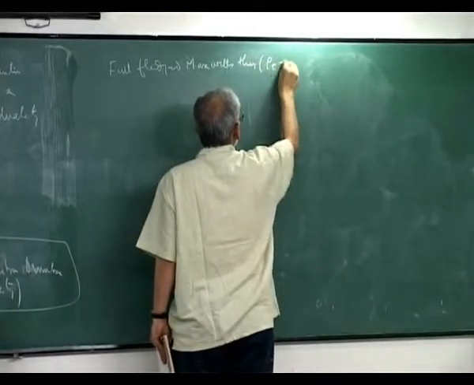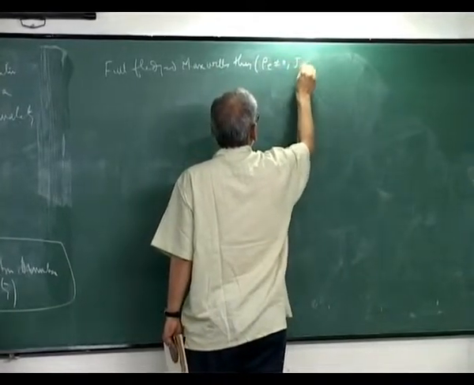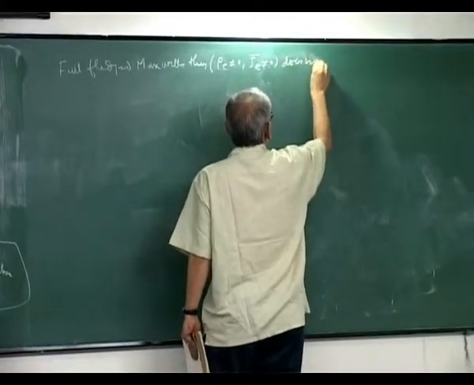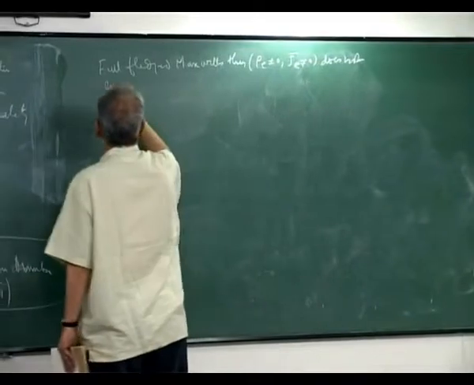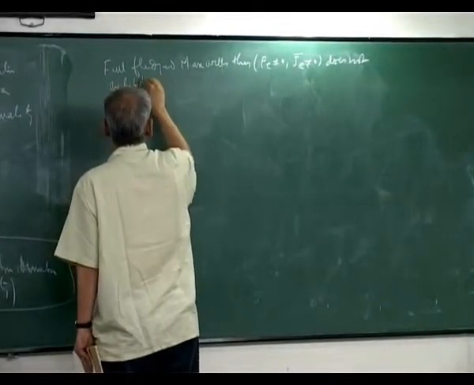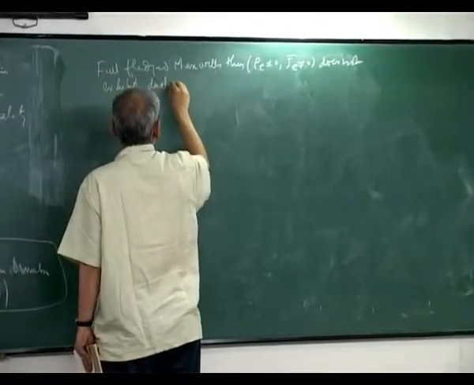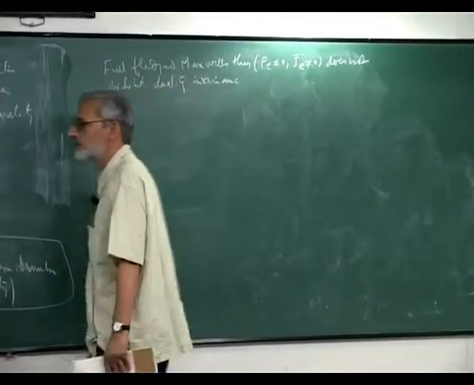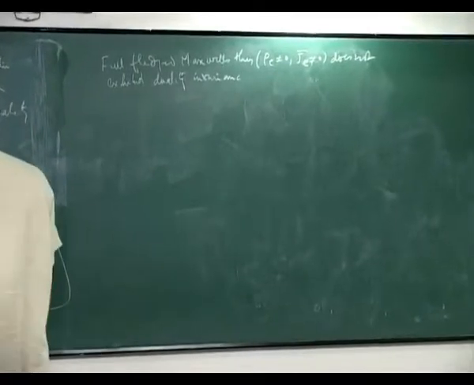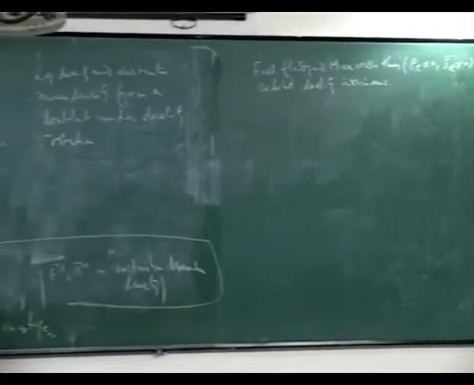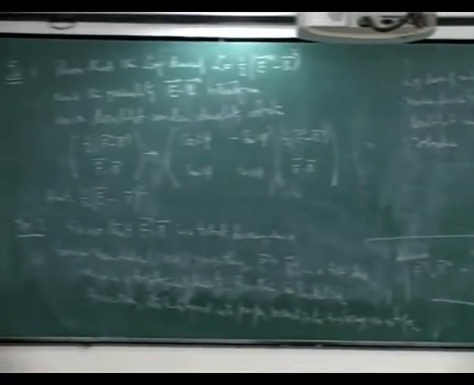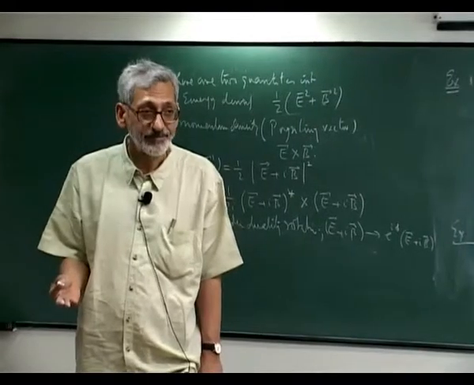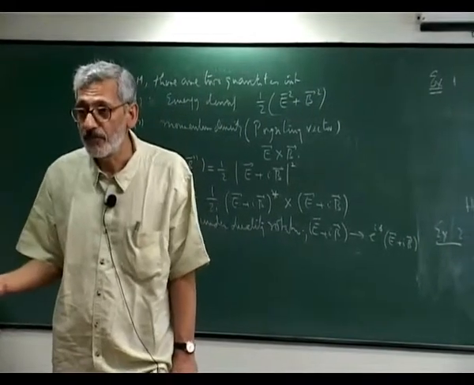Full-fledged Maxwell's theory, which means rho E non-zero and electric current non-zero, does not have a duality invariance. That's because we don't have any magnetic currents and magnetic source charge density. In nature we don't have that.